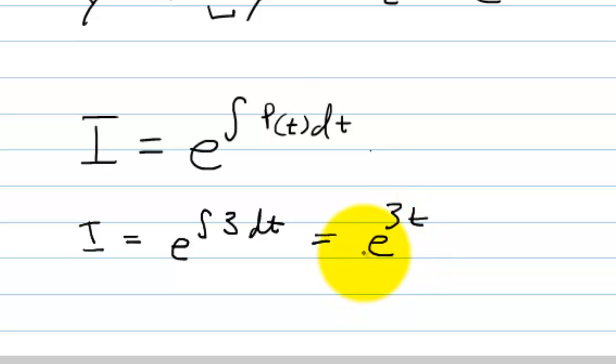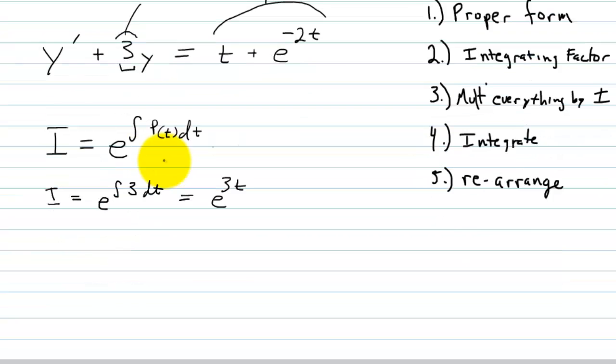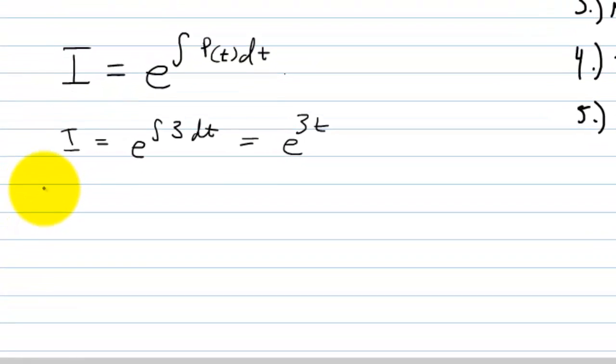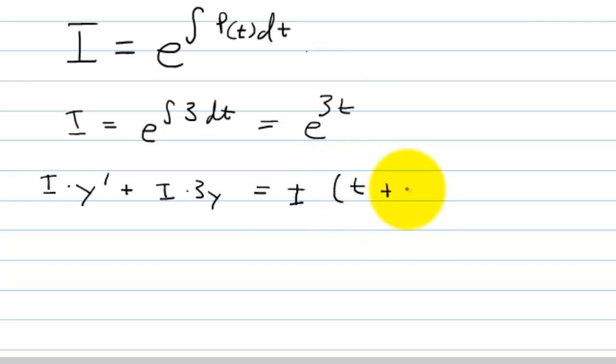Now that we have that, we're going to multiply everything in this equation by e to the 3t. So we're going to have I times y prime plus I, the integrating factor, times 3y, which is equal to I times t plus e to the negative 2t.